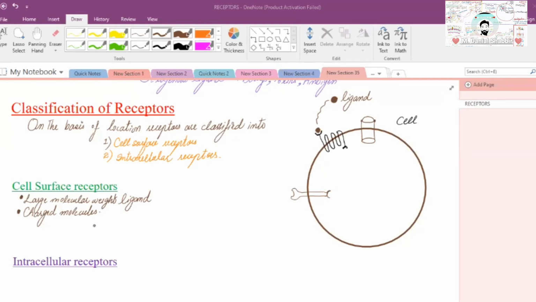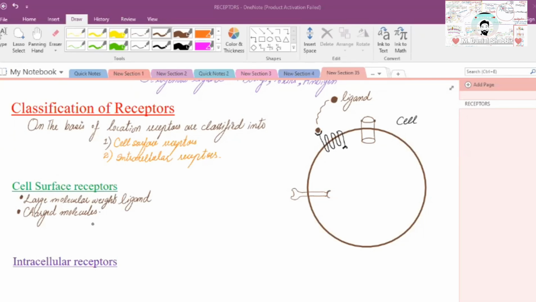So that is the ligand which is large or with large molecular weight, and that ligand which is a charged molecule. Because if the ligand is charged, it will not be able to cross the cell membrane, because you people know that the cell membrane is negatively charged, right? If the ligand is positively charged, it will be attached to the cell membrane and will not be able to cross. If the ligand is negatively charged, it will be repelled by the charge present on the surface of the cell membrane.